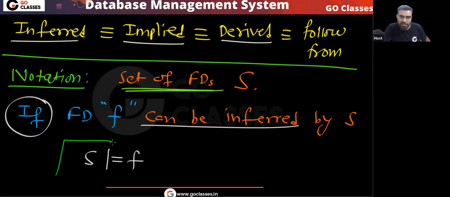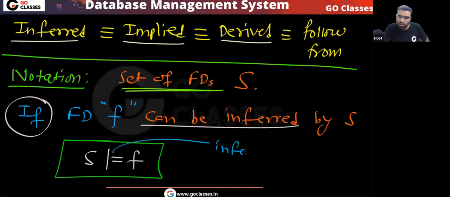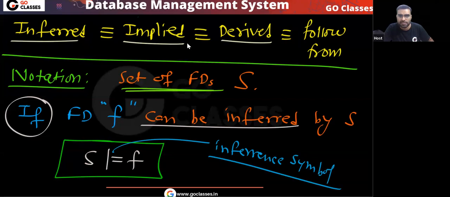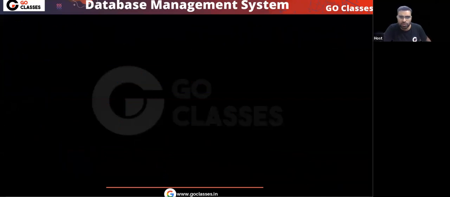This is the symbol for inference, meaning you can infer F from S. Is this clear?